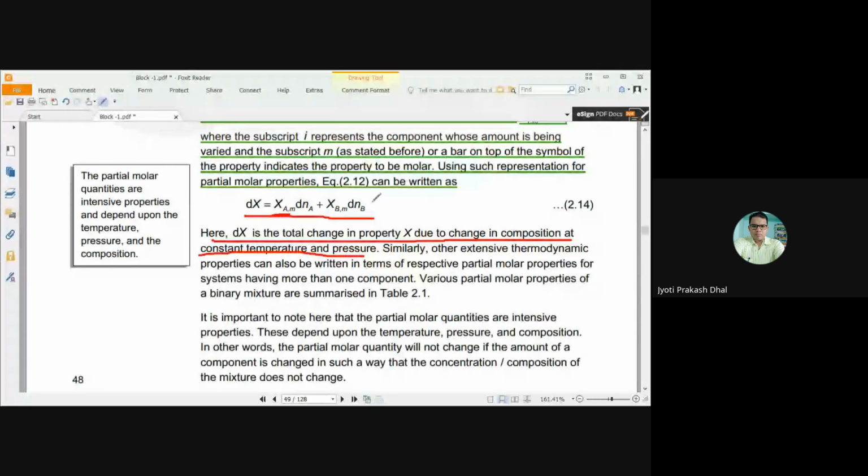Here dX is the total change in property X due to change in composition at constant temperature and pressure.